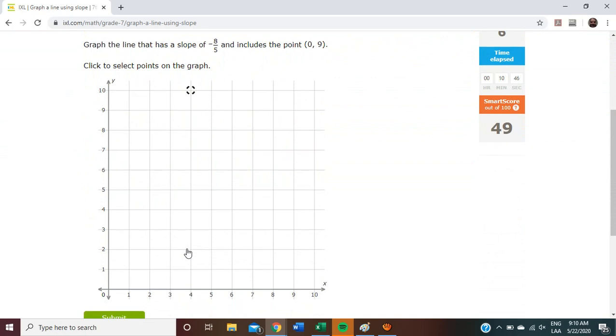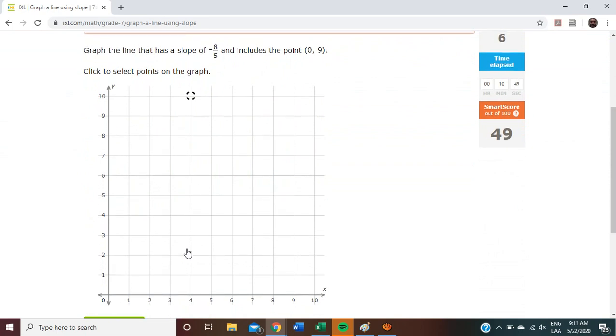Okay, negative slope. So the point that we should include is (0, 9), nothing in the x and 9 in the y, and negative 8/5. Remember, the number above is the increase, but actually it is going to be a decrease because it's negative. So we go down 8 times in the y. 1, 2, 3, 4, 5, 6, 7, 8.